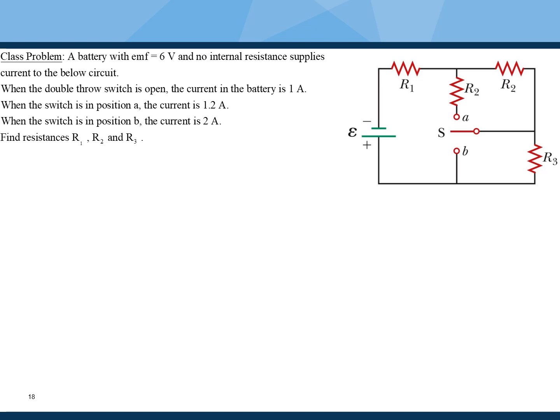So we say that 1 amp, so this is part 1, 1 amp is equal to the voltage of 6 volts divided by the equivalent resistance that we had in the first situation, which is just R1 plus R2 plus R3.